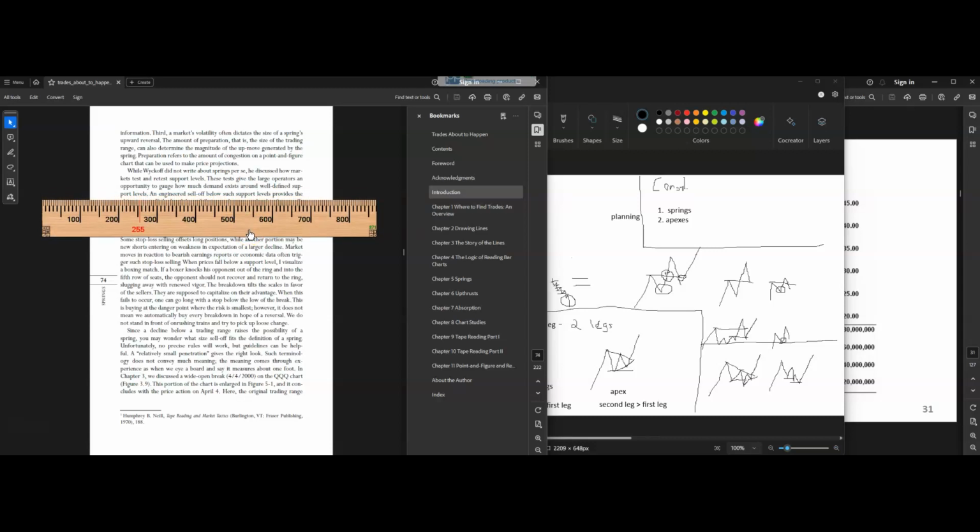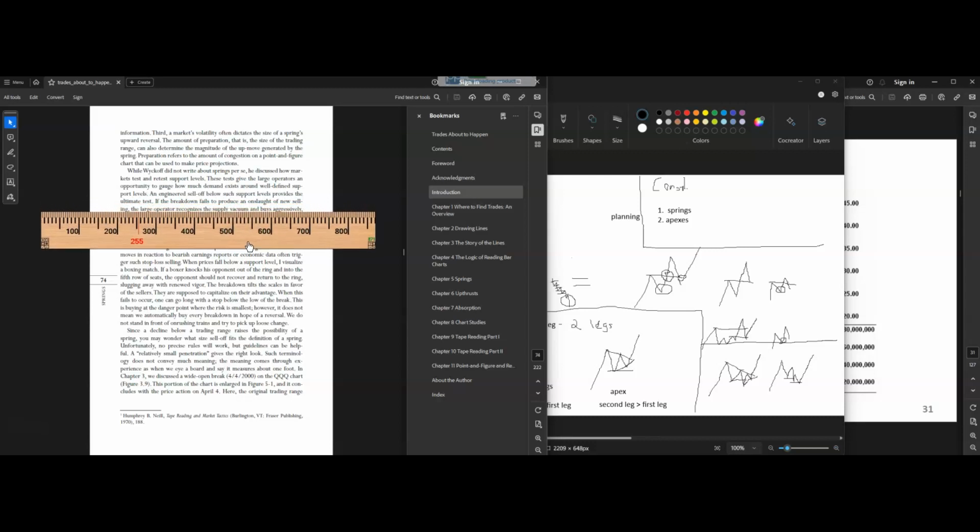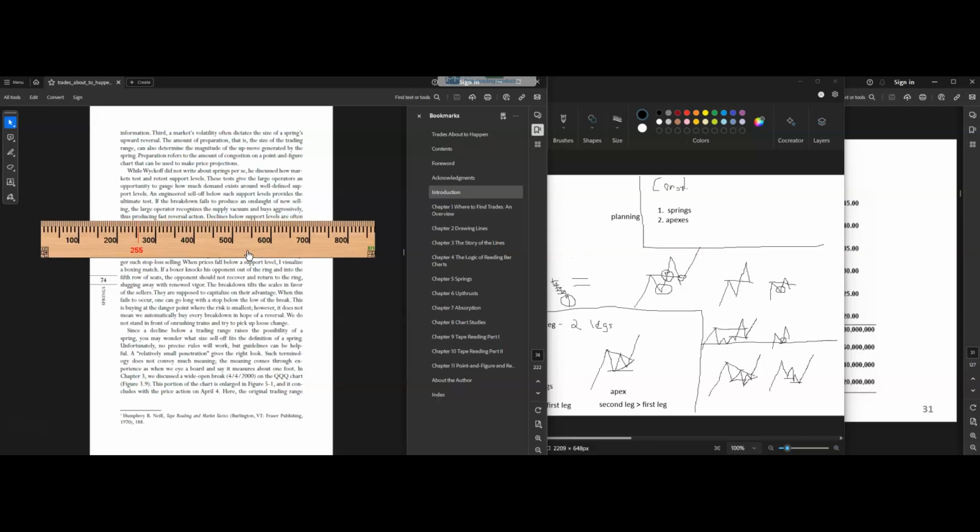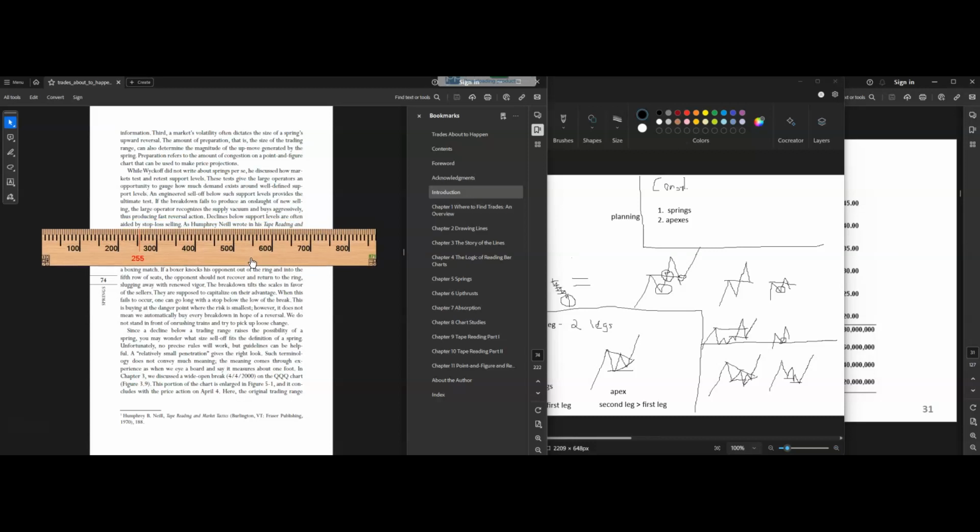An engineered sell below such a level of support provides the ultimate test. If the breakdown fails to produce an onslaught of new selling, the large operator recognizes the supply vacuum and buys aggressively, thus producing fast reversal actions.